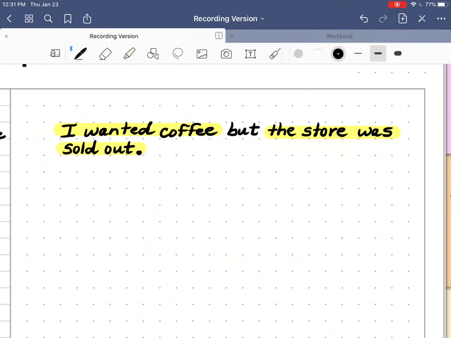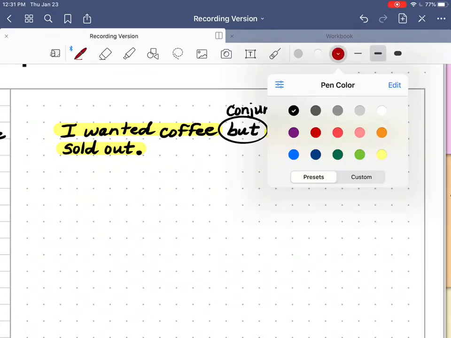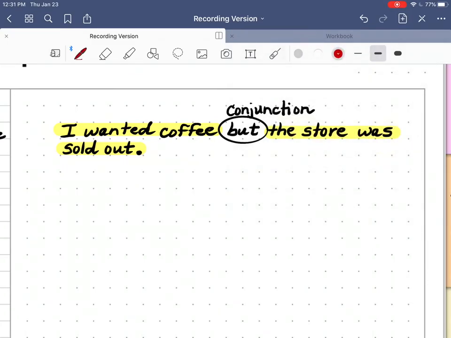Do you see the conjunction? You see that bridge sitting right there? That joining word is sitting there. This is called the conjunction. It's a junction. The rule says that we have to put a comma because after coffee there's not a stop sign.